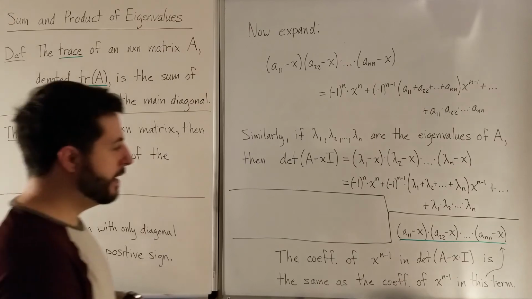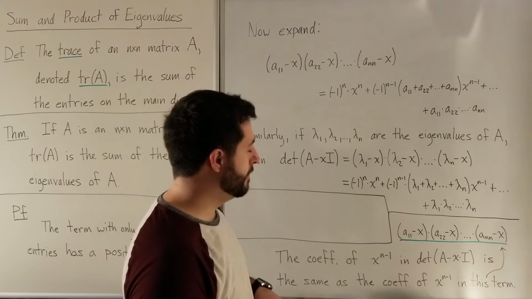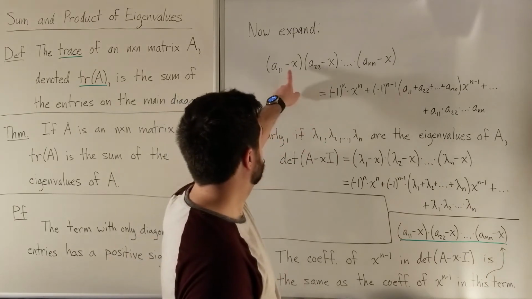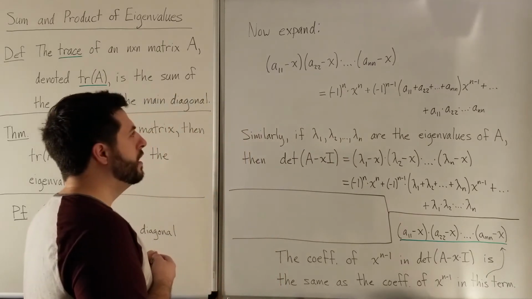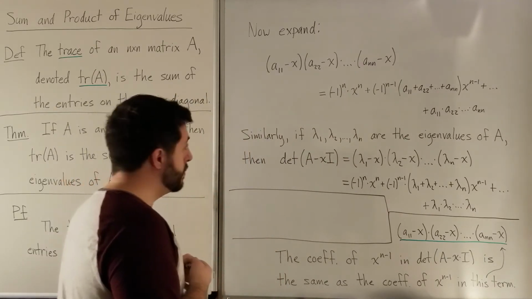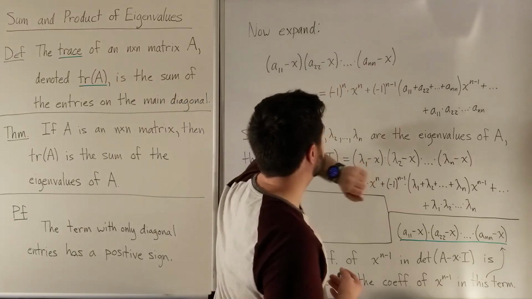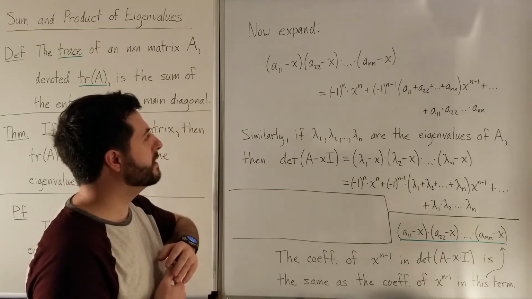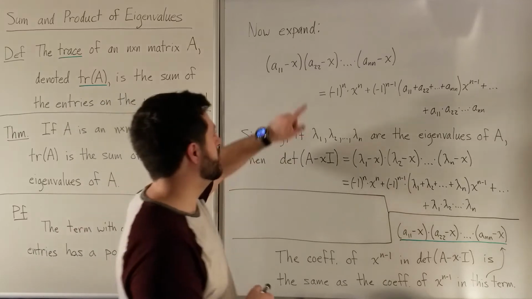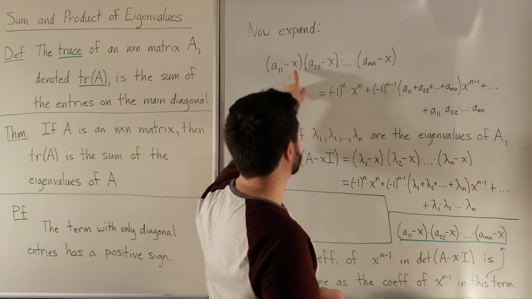So now we can expand out this term here to see exactly what the coefficient of x to the n minus 1 is. So this is the term here, and we want to start by multiplying one of these two by one of these two by one of these two to, well, we're going to start out by getting as many x's as possible. The way to get the most number of x's is to, in each one of these parentheses where you have a choice between the number and the x, choose the x.